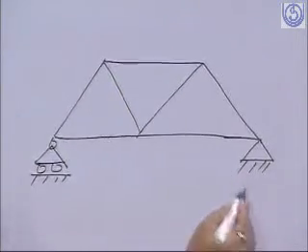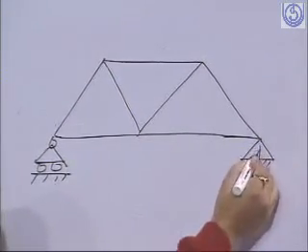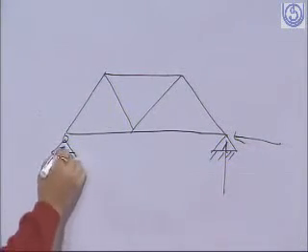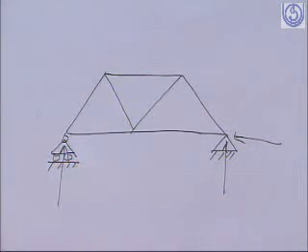Here we have provided a pin joint, so it gives reaction components in two directions, and this is a roller joint which gives a reaction component in vertical direction only.